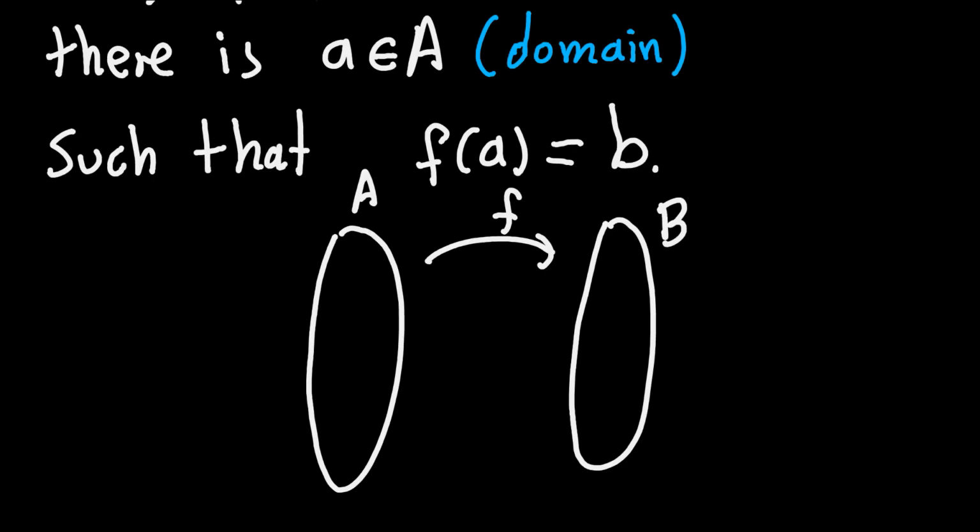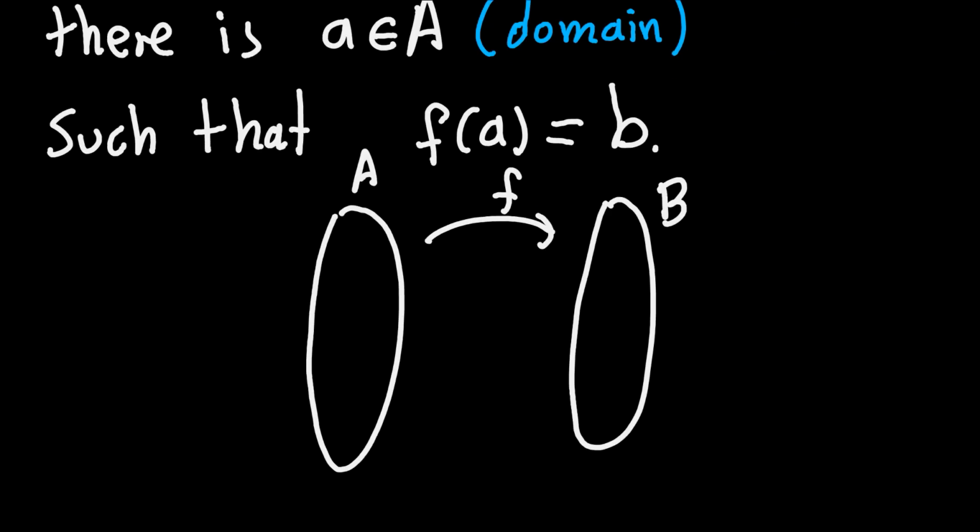Graphically speaking, a function is onto if I take an arbitrary element in the codomain B and I can produce an element in the domain A that maps to the element b.